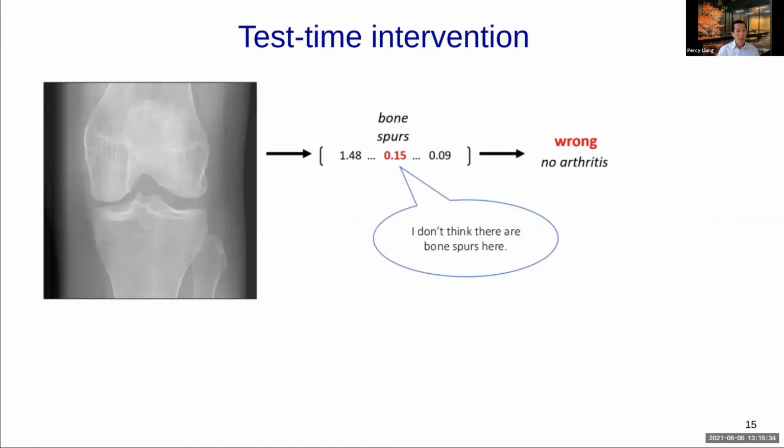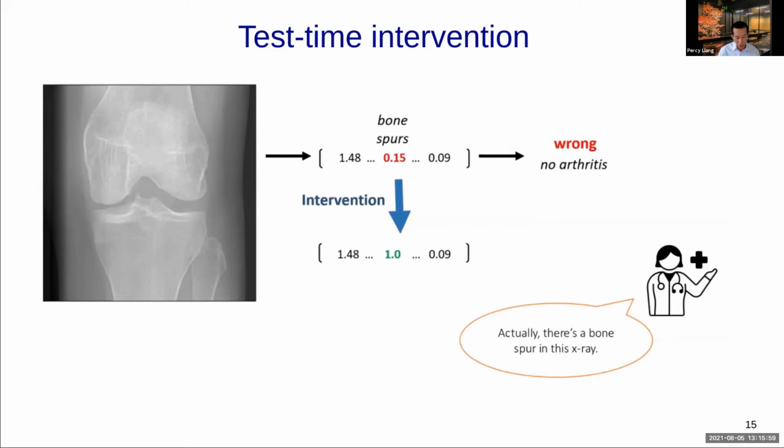So now let's get to the interaction part, which is the theme of this workshop. Remember, concept bottleneck models give you this intermediate layer, which is a set of real numbers where each number corresponds to some concept. You can intuitively think of it as the probability of that concept being there. This tells you what the model is thinking, which also means you can intervene.